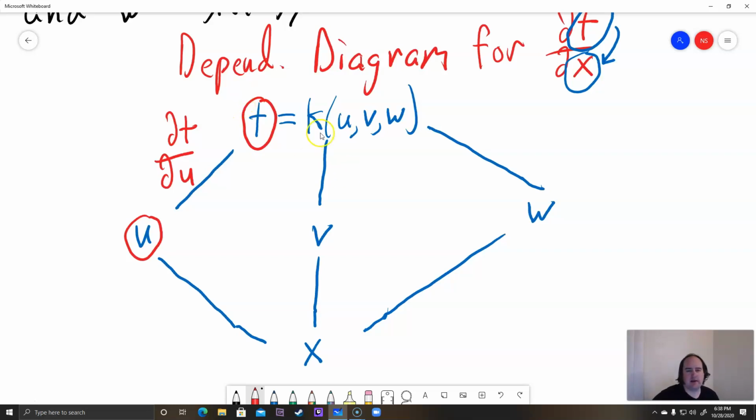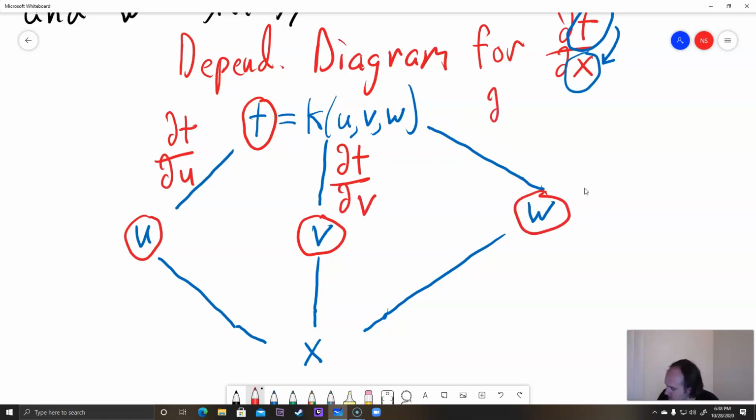Okay? And then same thing for this middle branch. Starts at t, ends at v. So this middle branch is going to be partial t, partial v. And then on the right side, we have the same thing. So starts at t, ends at w. So this branch is going to be partial t, partial w.